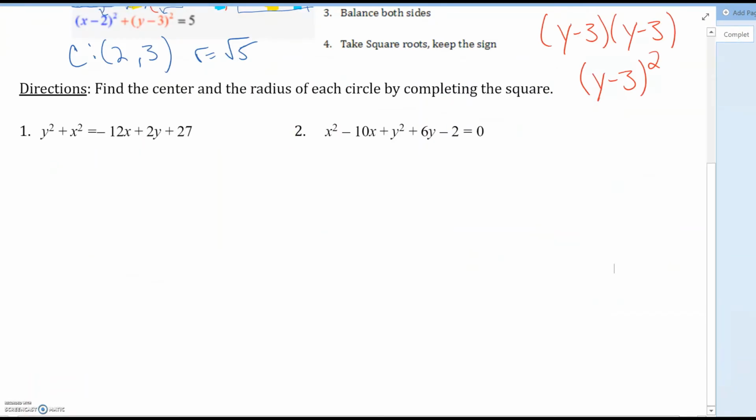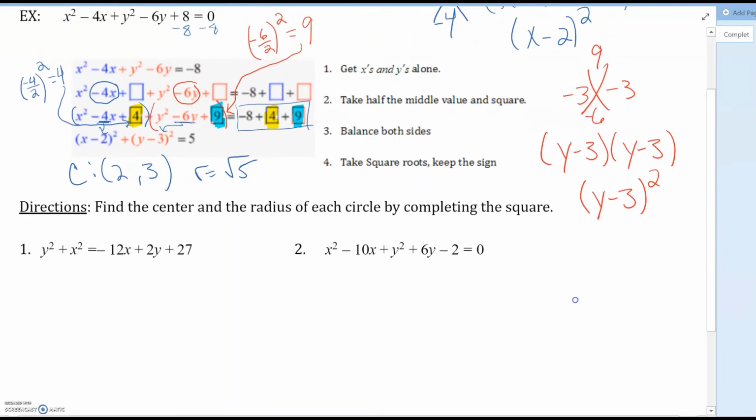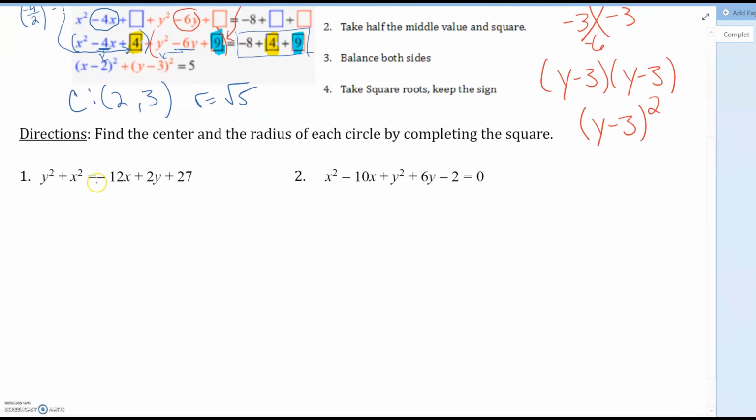Okay, so now we're going to do the next two from our paper. On number 1 here, first thing, I'm going to look back up here, get x's and y's alone on the left side. So I've got x squared, y squared. What I'm going to do is get everything on the left side but my number. So I'm going to do x's first. I'm going to have x squared, and I'm going to move this negative 12x over, so I have a plus 12x.